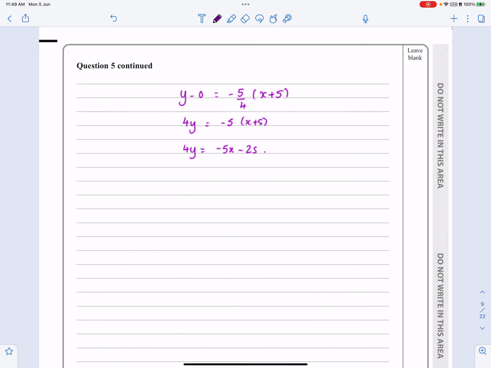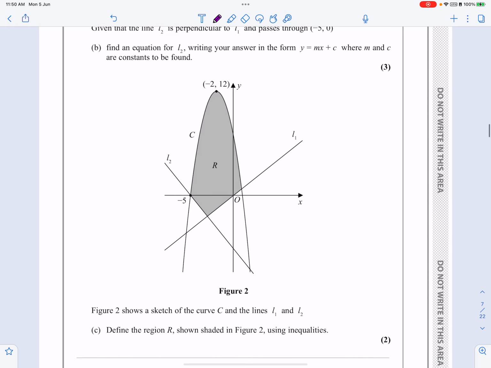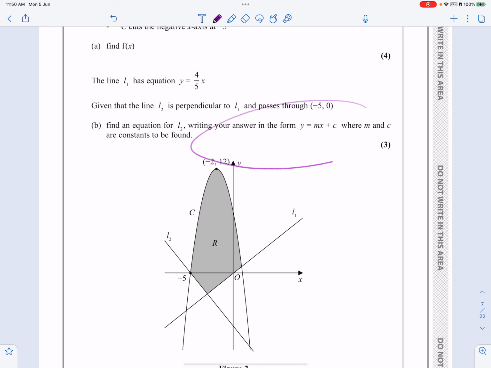But they did tell me in the question, and I did remember, they want it in the form y equals mx plus c. So I've got to divide each one individually by 4 here: y equals minus 5/4 x minus 25 over 4. And going back, that's what they wanted up here. They said, give your answer for L2 in the form y equals mx plus c.